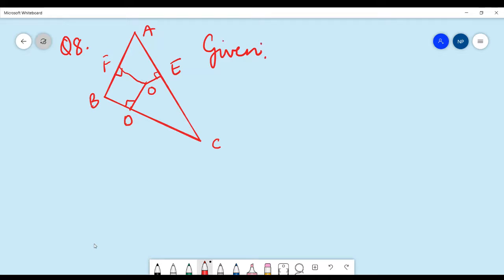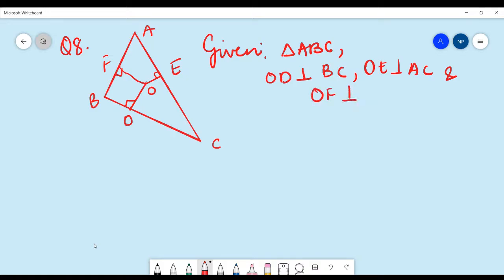Given is triangle ABC where OD is perpendicular to BC, OE is perpendicular to AC, and OF is perpendicular to AB. Right? This much is given.